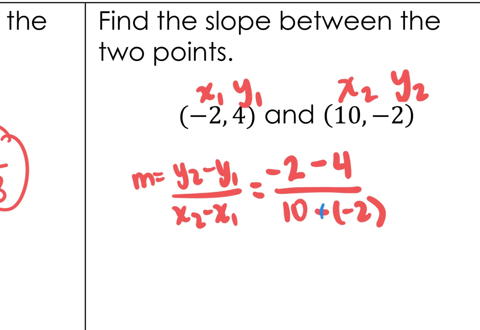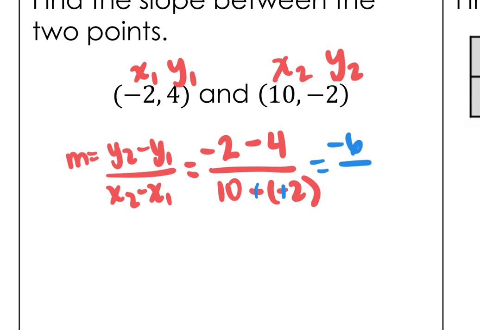Good. When we minus a negative, it really becomes a plus. So that would become 10 plus 2 in the denominator. But let's do the numerator first. What's -2 minus 4? -6. And then what is 10 plus 2? 12.